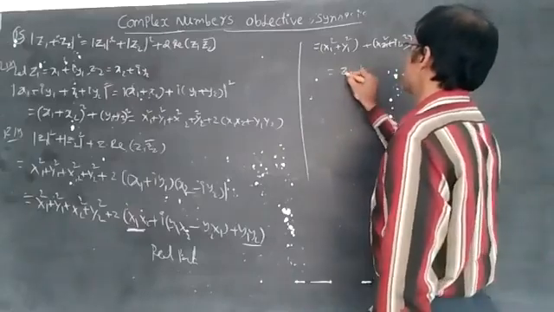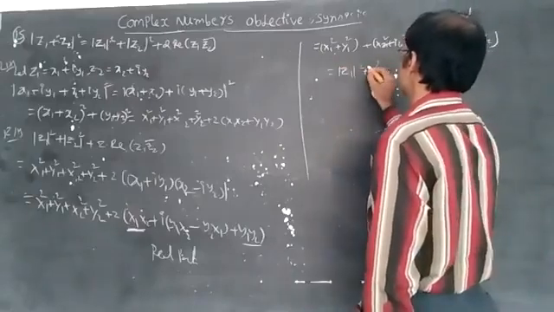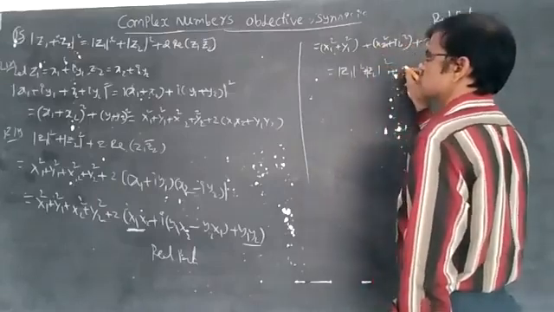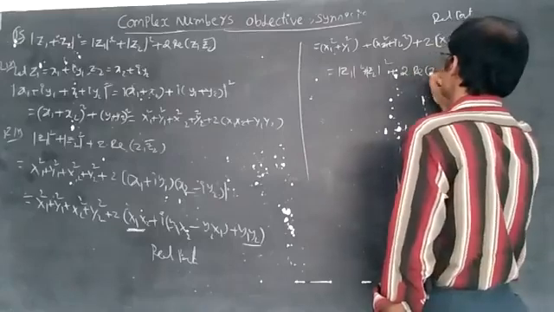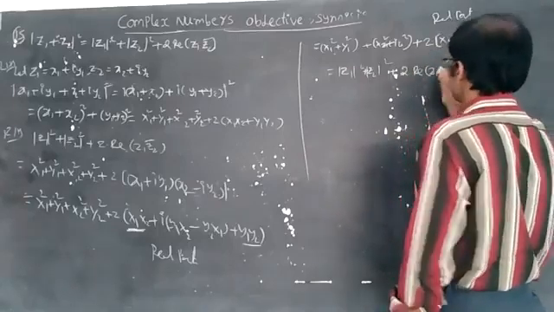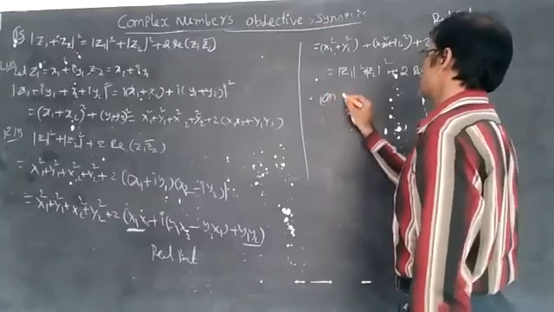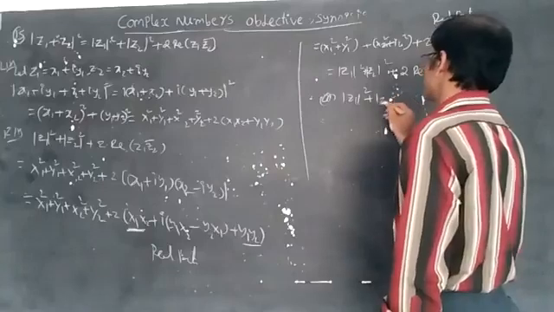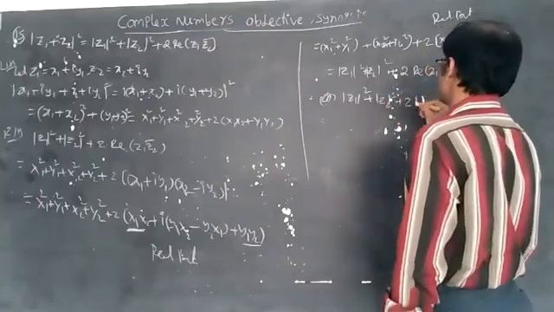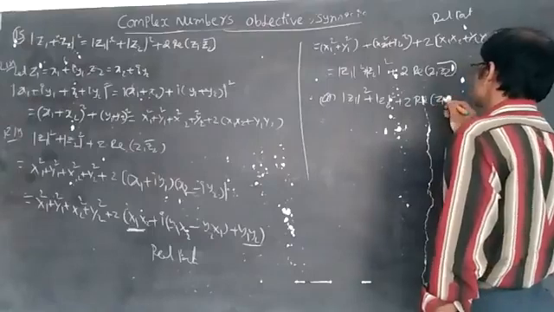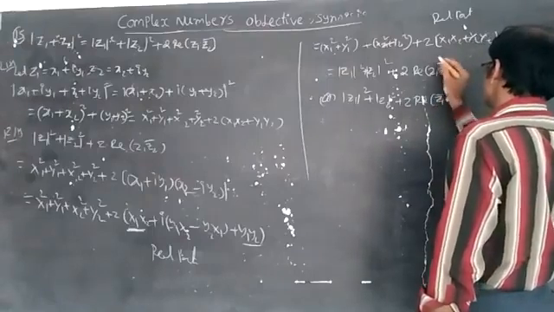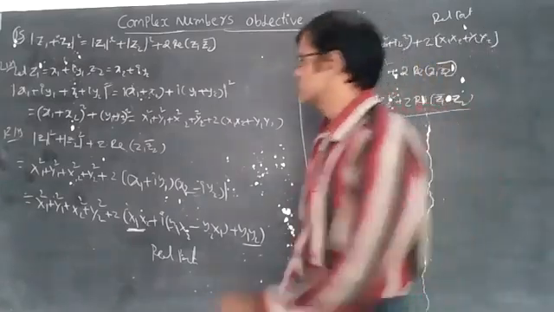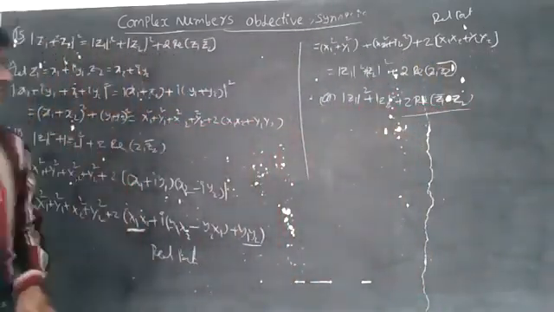You can understand RHS as |Z1|² + |Z2|² + 2 Re(Z1 Z2 bar), or also as |Z1|² + |Z2|² + 2 Re(Z1 bar Z2), which gives the same value. This is a formula.